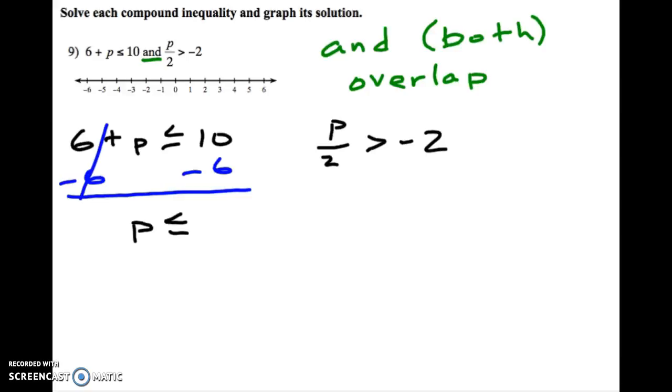And we're going to end up with p is less than or equal to 4. Solving the equation on the right, since it's p divided by 2, to solve it, we're going to multiply by 2. If we do it to one side, obviously we've got to do it to the other.